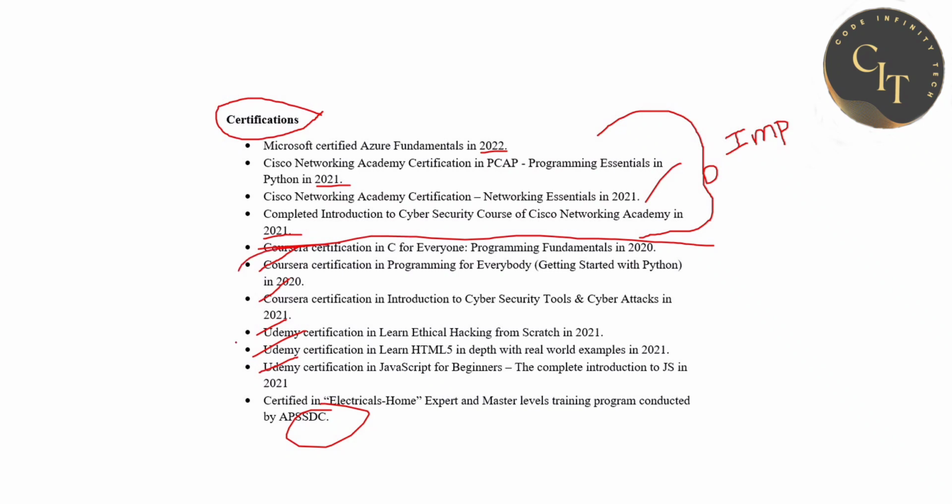You can mention a few important certifications in this tab that will add value to your resume. That's about the certifications tab. Make sure you include all your certifications here, and also mention the year, like 2022 and 2021 when I did those certifications.